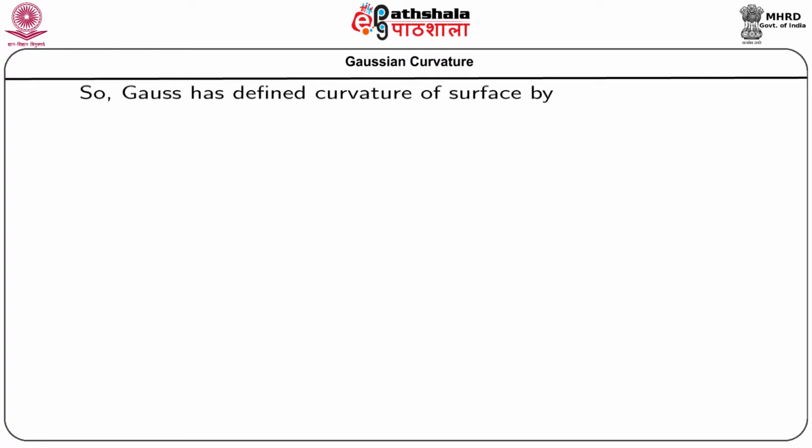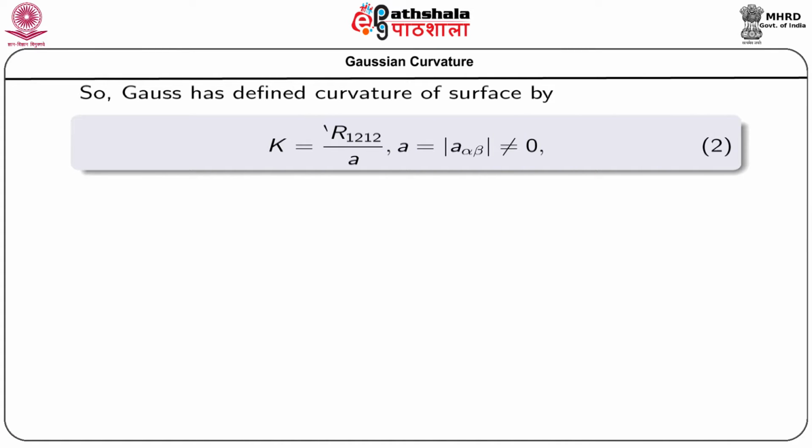So, Gauss has defined the curvature of a surface, denoted by capital K, as K equals R dash 1 2 1 2 by A, where A is the determinant of a alpha beta, which should not be equal to 0.